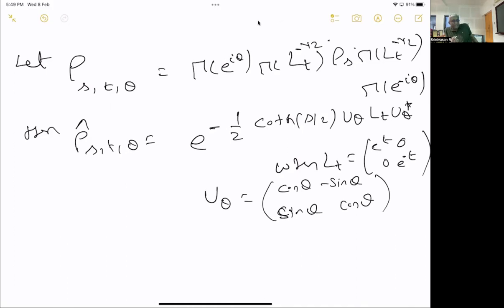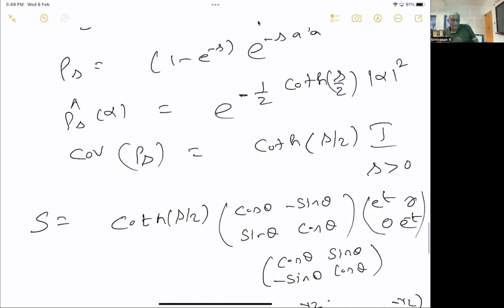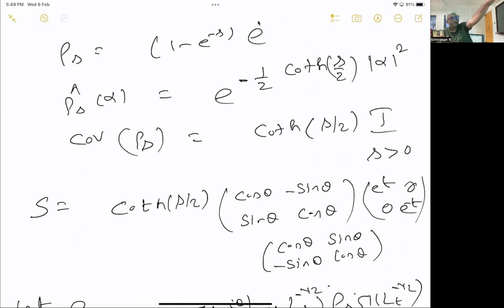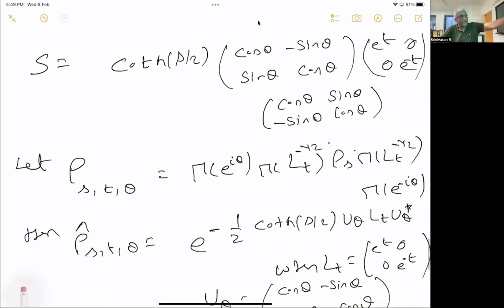You take rho s, which has the characteristic function cot h s by 2 times identity. So if you first conjugate by gamma of L power minus half, you will get the L in the place of I. Now you conjugate with e power I theta, the rotation matrix. Then that will get conjugated, maybe you conjugate it twice. I mean, conjugate the rho s before that, and then maybe you consider this.